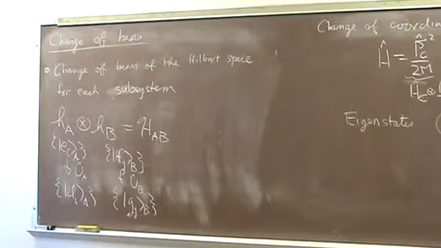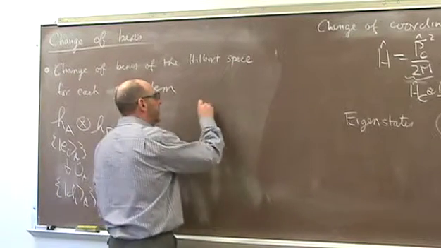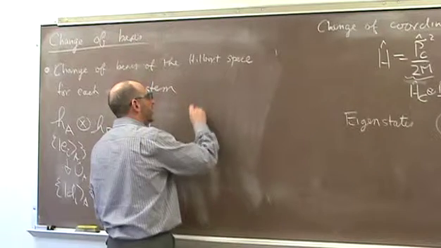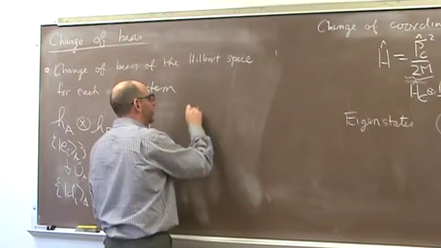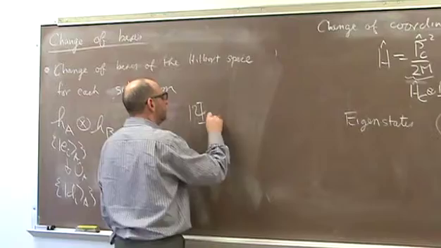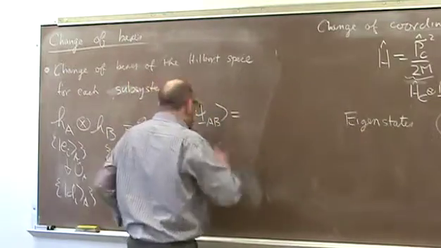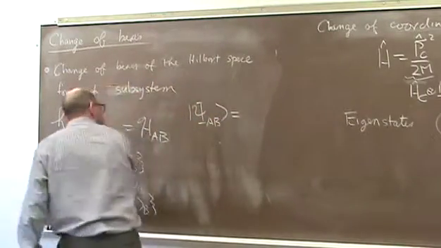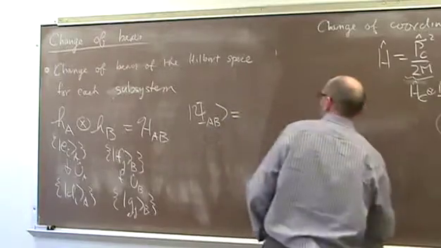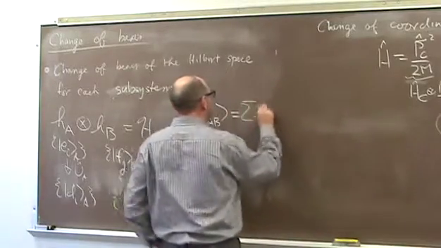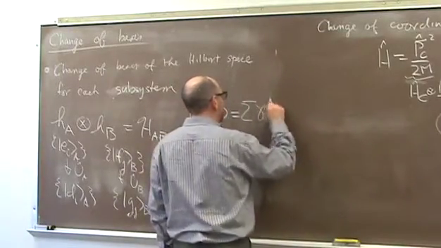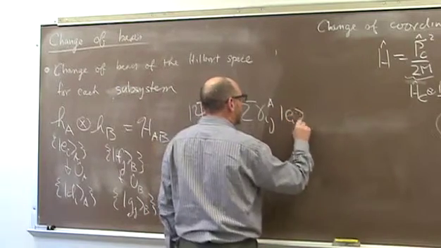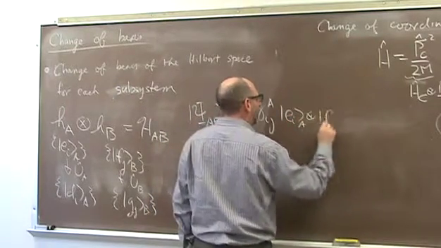And so if I wanted to change the basis, I could, for example, take my state and expand it in the original basis. We called that expansion gamma.